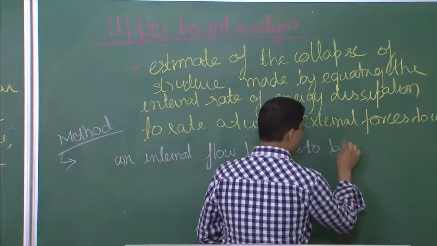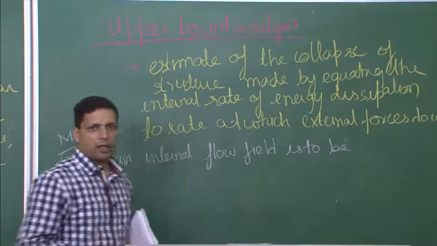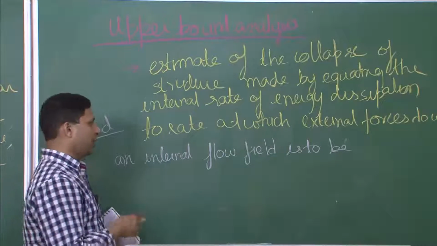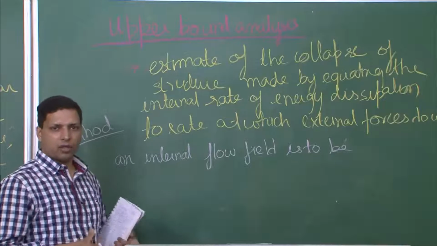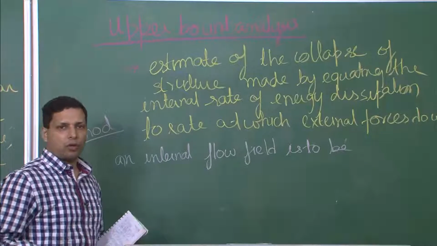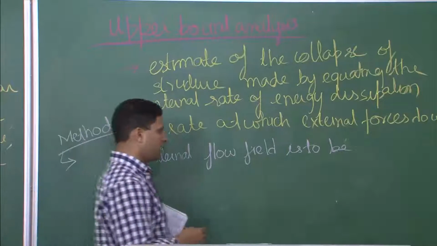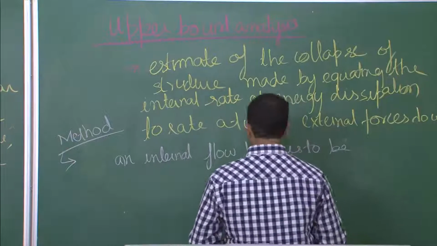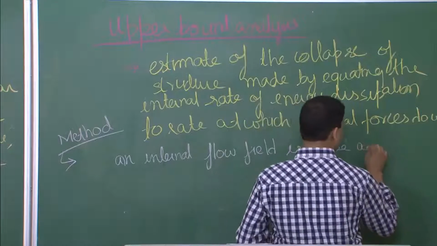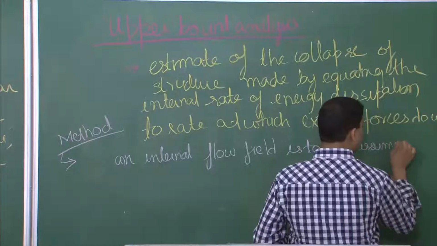So, it is giving you a lot of leeway. You can define your own internal flow field or the deformation, in which particular way the deformation is taking place. An internal flow field is to be assumed, and of course, it has to be consistent.